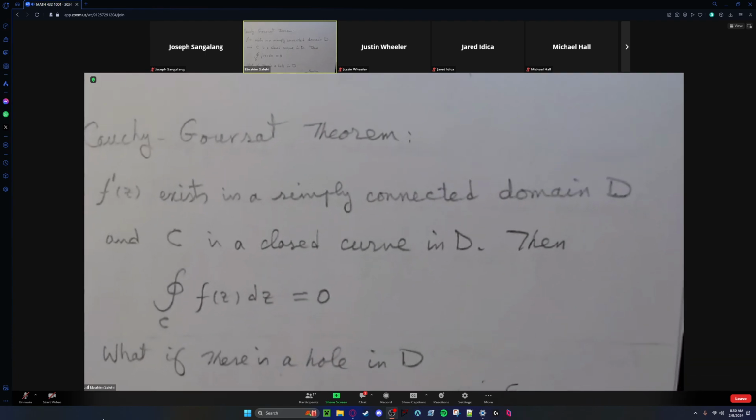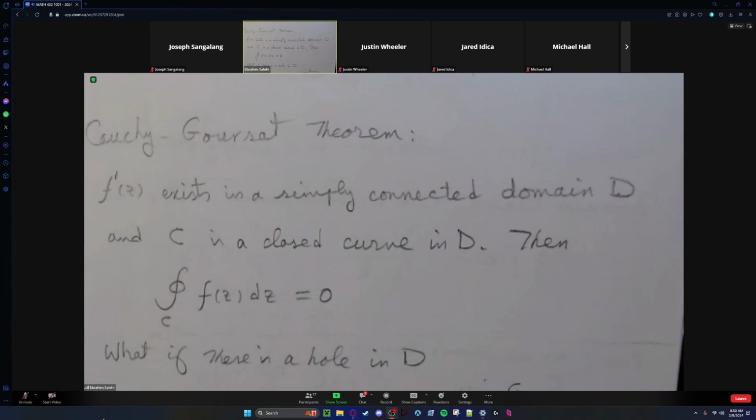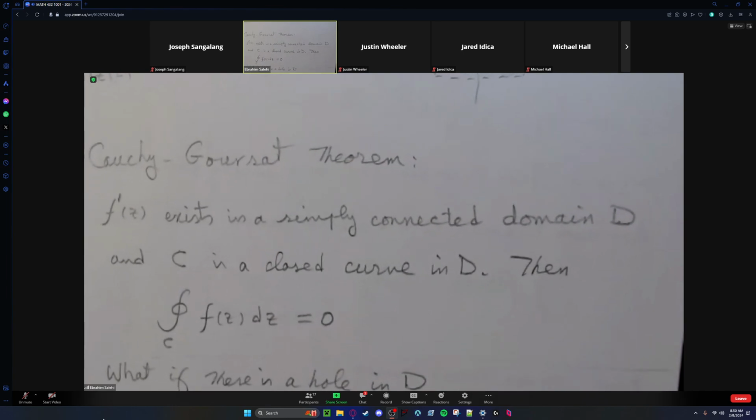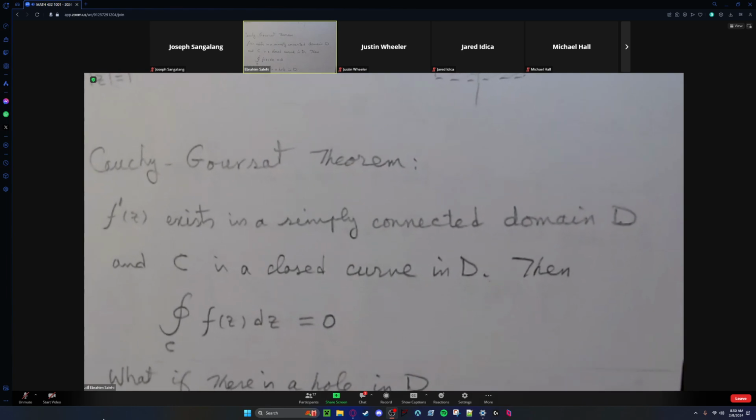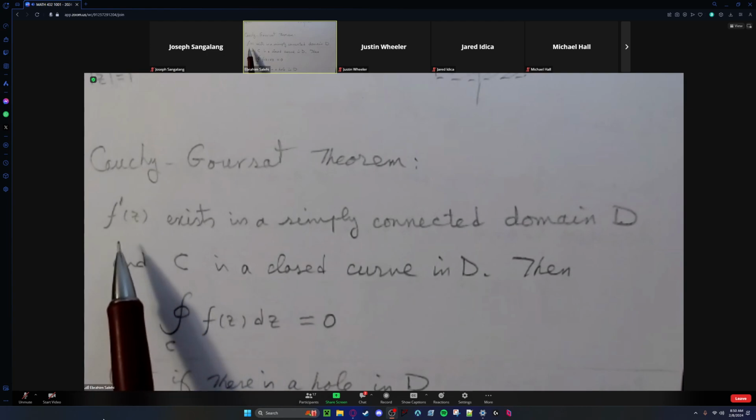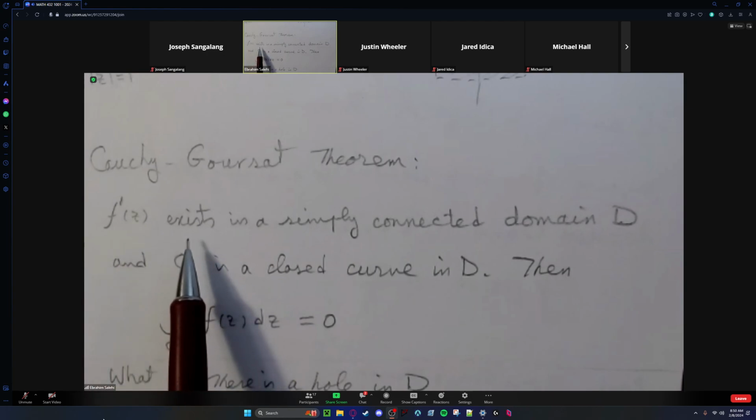So, any comment, any question? This is an extremely important theorem and is the foundation for integration theory in complex analysis. So you need to know that f prime exists.